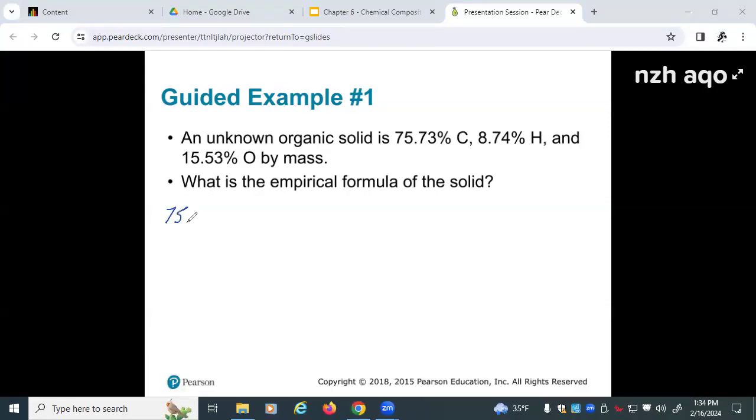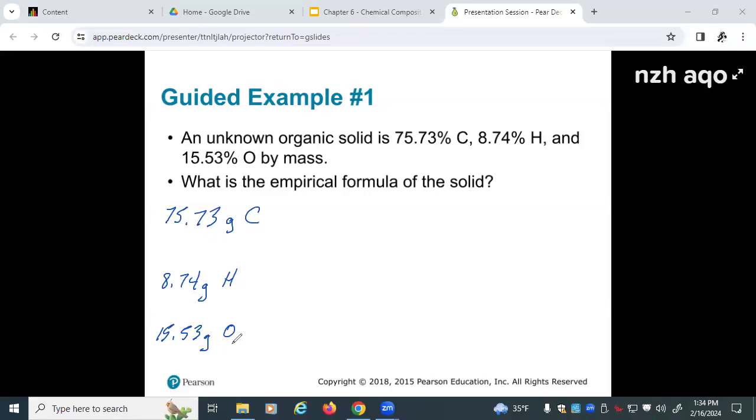So 75.73% turns into 75.73 grams of carbon. 8.74% gets turned into 8.74 grams of hydrogen. 15.53% gets turned into 15.53 grams of oxygen.